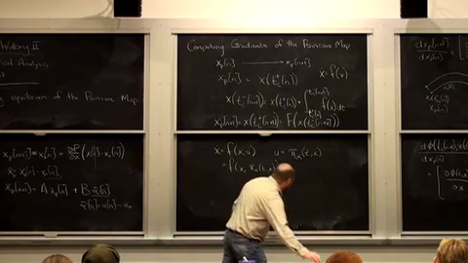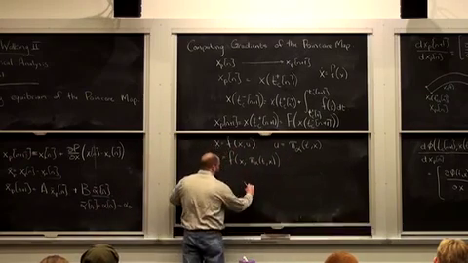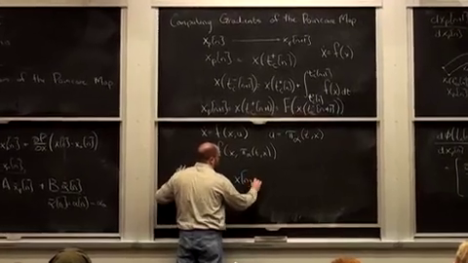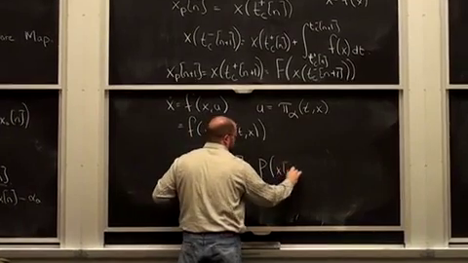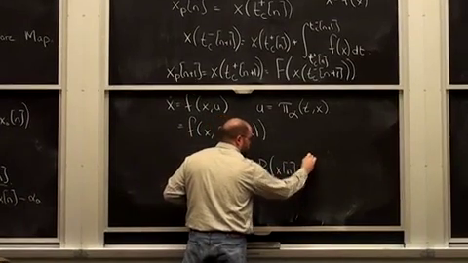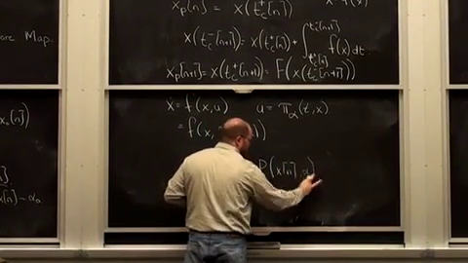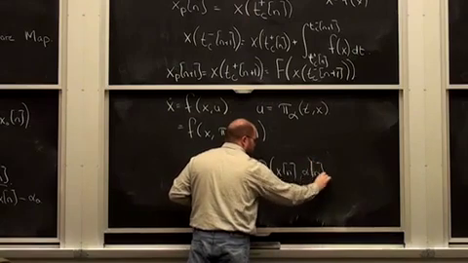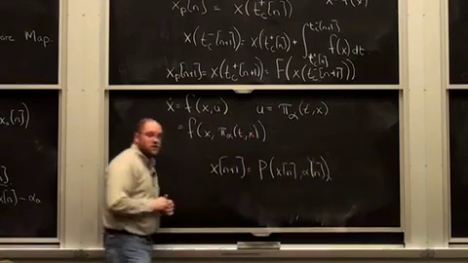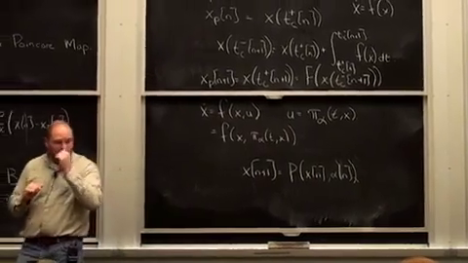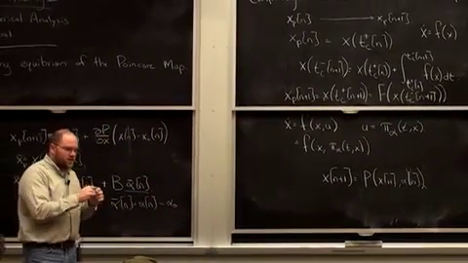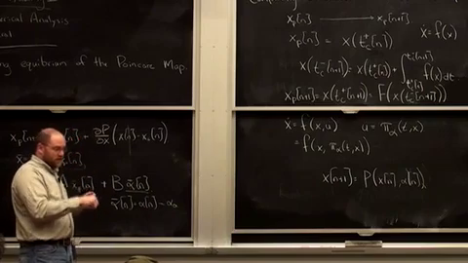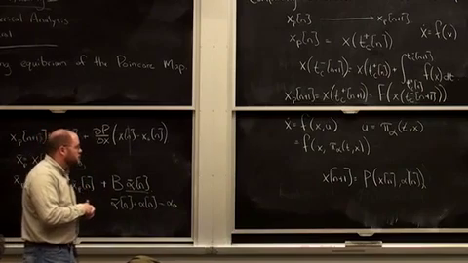She just did x of n plus 1 is some Poincare map of x of n, parameterized by alpha, or alpha n, let's say. And the compass gait, how many dimensions was it? It's 4 basic dimensions. There's 2 angles and 2 velocities.